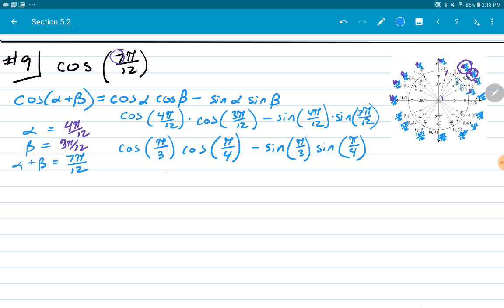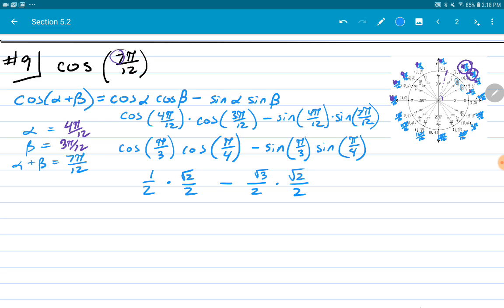Cosine of pi over 3, cosine of pi over 4, sine of pi over 3, and sine of pi over 4.